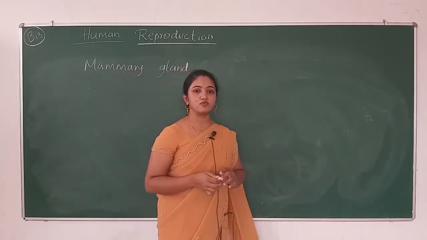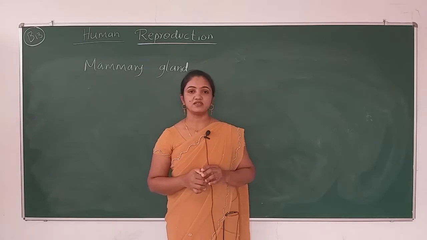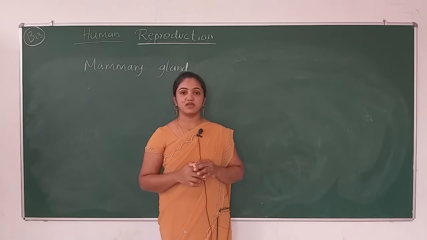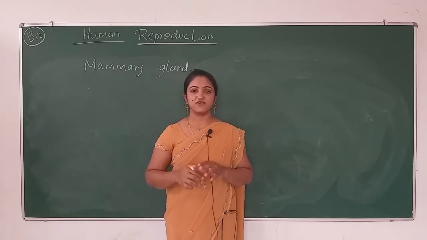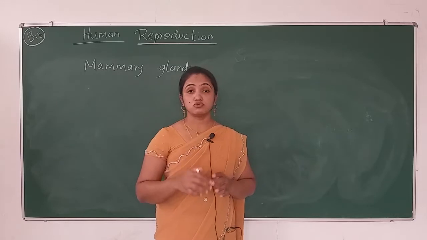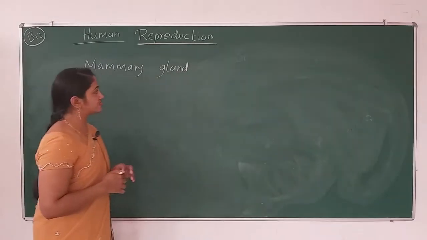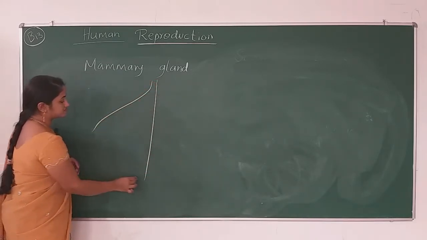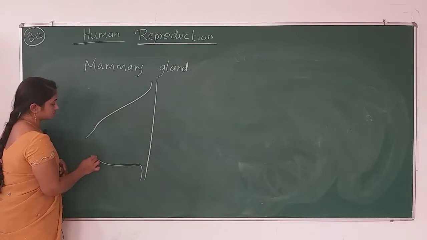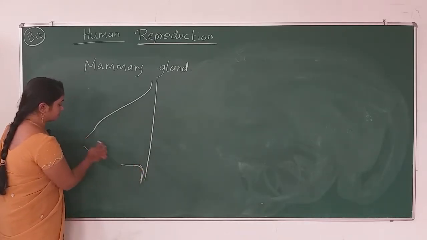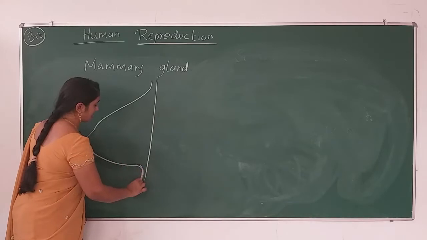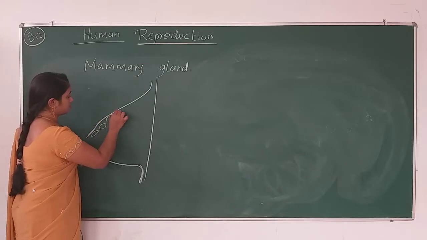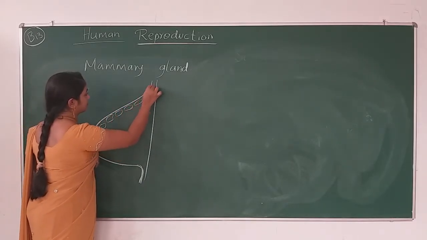Mammary glands are present in both male and female. In males they are rudimentary, meaning non-functional, but in females they become functional to nourish the young ones. So we will see the structure of the mammary gland here. It comprises glandular tissue and fat tissue, or fat cells.